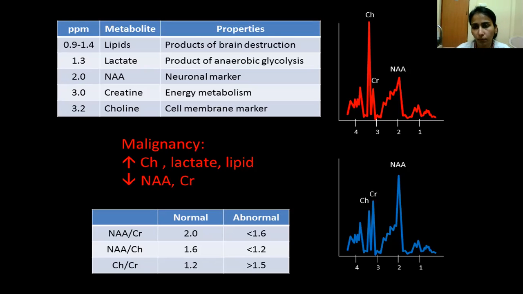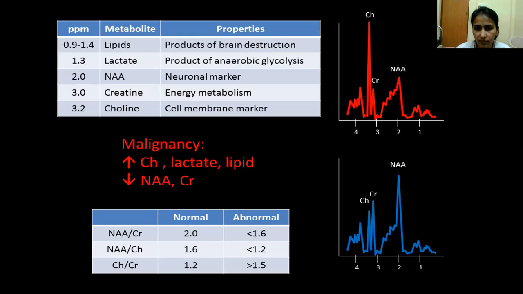If we go from right to left, on the most right side we will see lipids, then lactate, then NAA, then creatine, and then choline. Creatine is the indicator of energy metabolism. Because there is a tumor, there is increased energy, more metabolism, so we can see the rise in creatine also, and the cell membrane marker is choline.